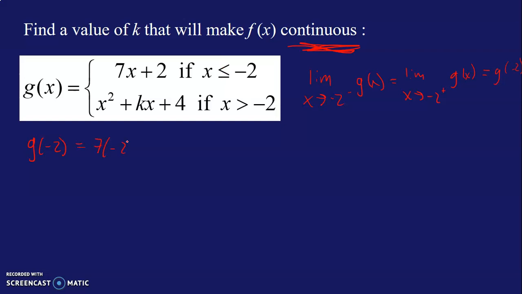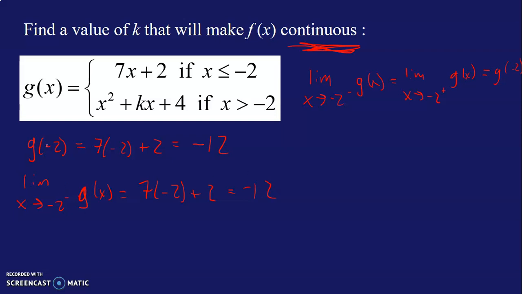So 7 times -2 plus 2, -14 plus 2 would be -12. All right, then the limit as x approaches -2 from the left of g of x would be 7 times -2 plus 2, which would be -12.